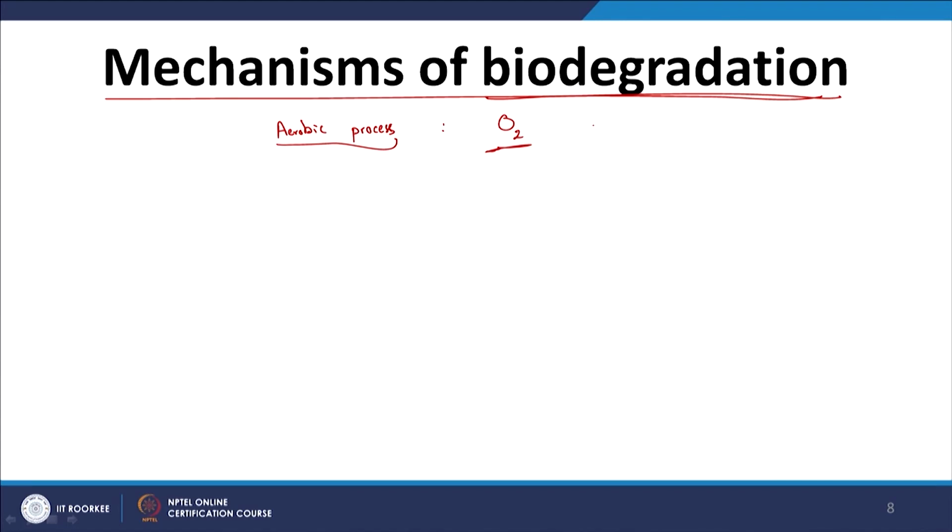As we mentioned, it's an electron acceptor, right? So what's the key here? Let's say we have that oxygen and you have your organic compound, which is, let's say, your contaminant. If it's complete degradation and mineralization, it goes to CO2 and H2O and energy.